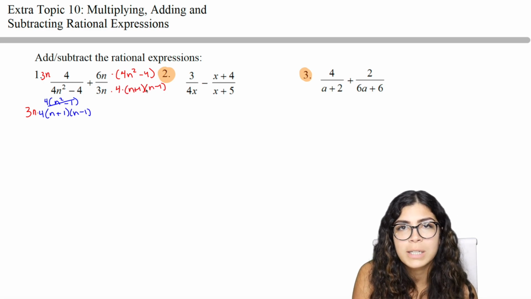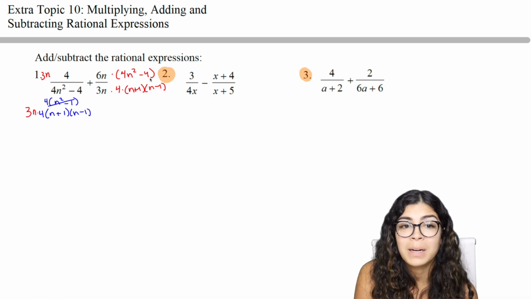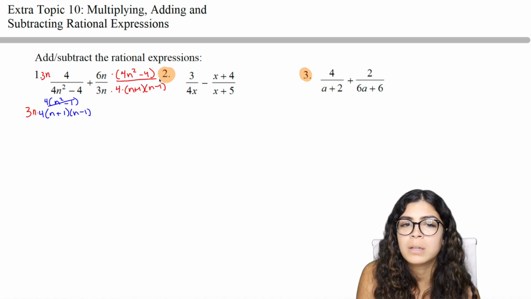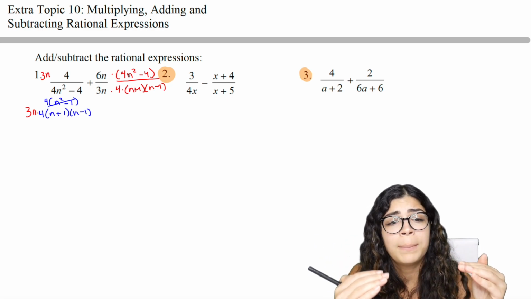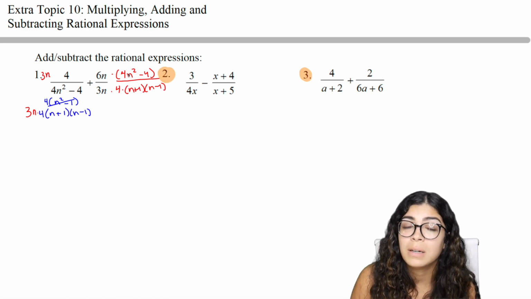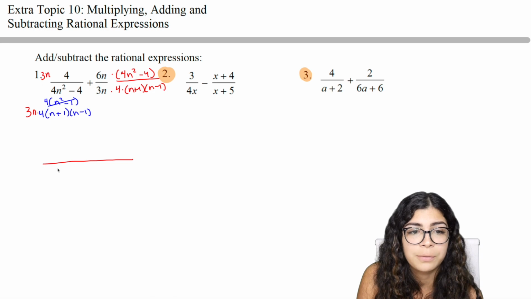Of course, 4 times n plus 1 times n minus 1 is 4n squared minus 4, so really I'm multiplying by the same thing on the top and bottom. I'm just multiplying the simplified version on the top, while I'm multiplying the factored version on the bottom, because in the denominator, we're going to keep that denominator in the factored way.